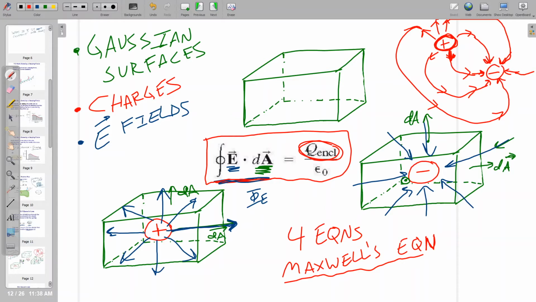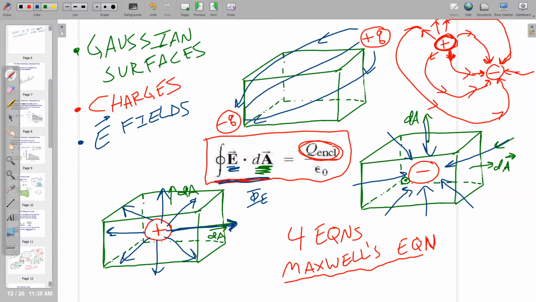So if there's charge sitting outside of a surface, let's say there's a positive charge here, and there's a negative charge here. Both of those will serve as sources for electric field lines. They'll point this way, and they'll point out this way. So these will contribute to the electric flux through the surface.